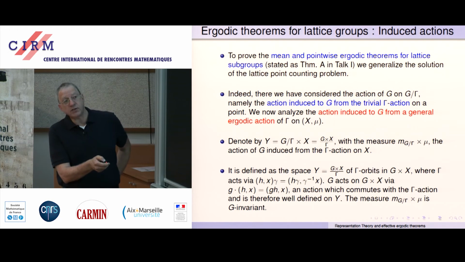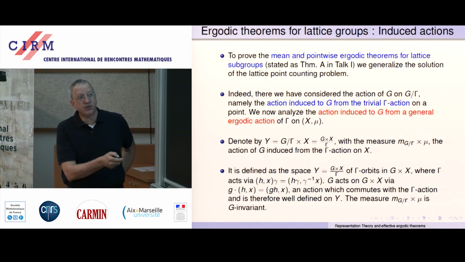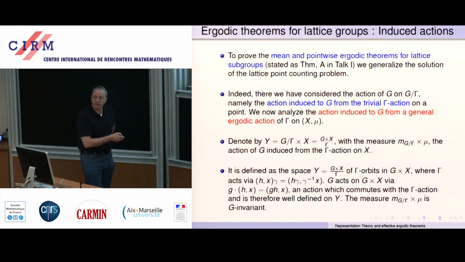Now, G also acts on the product via g times (h, x) is (gh, x). And it's absolutely clear that this action commutes with the gamma action and is therefore well defined on the space of orbits modulo the gamma action. This space is measure-theoretically isomorphic to the space G mod gamma times X, and this measure m_{G mod gamma} times mu is G invariant.